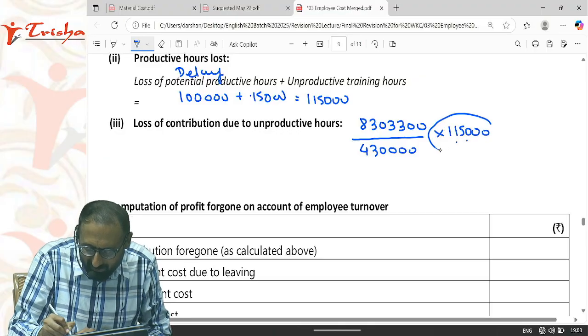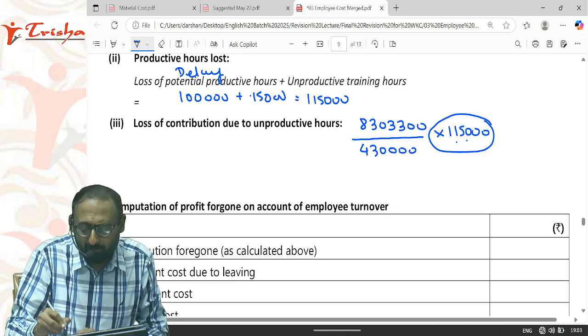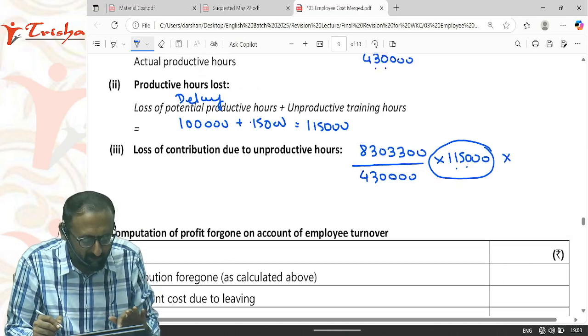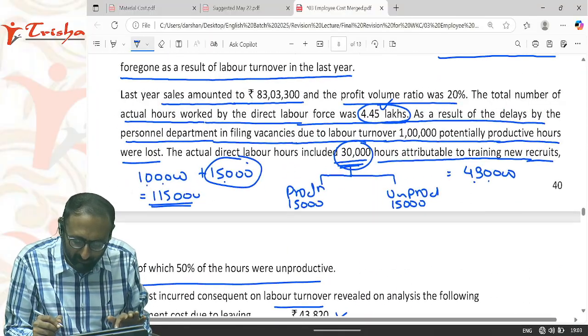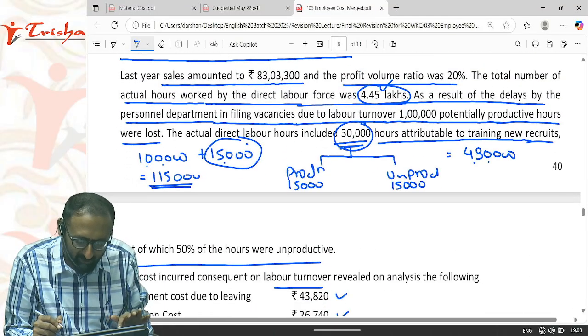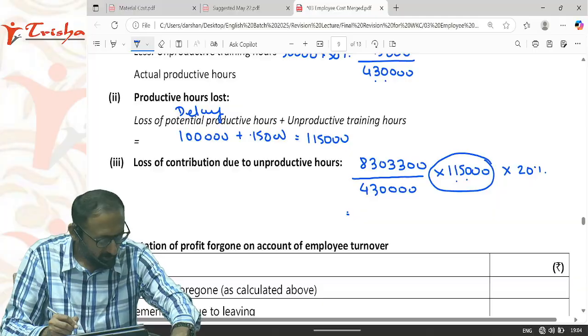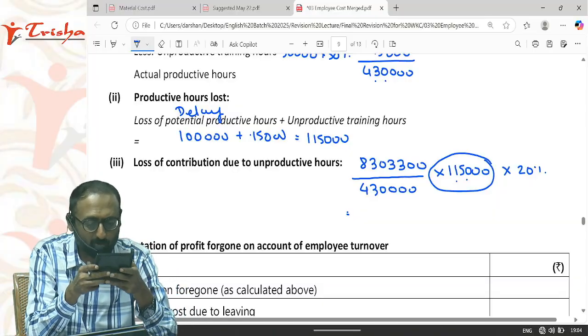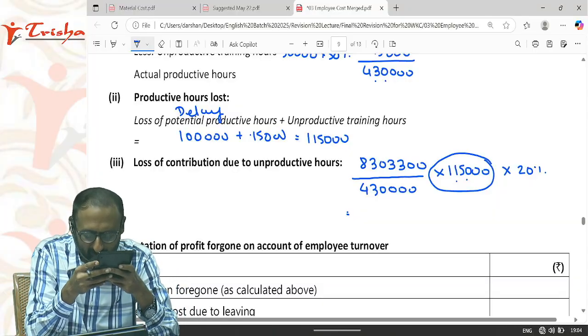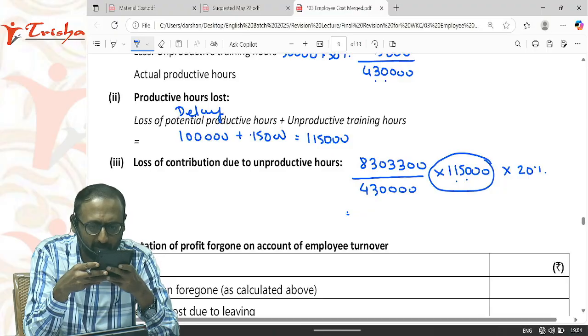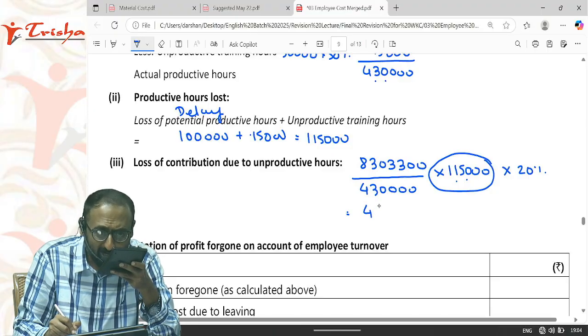So this much sales is lost due to labor turnover, multiplied by PV ratio. How much is the PV ratio given in the question? Somewhere it is given, 20% is your PV ratio. Now what will be the contribution loss? 83 lakh 3,300 divided by 4 lakh 30,000 multiplied by 1 lakh 15,000 multiplied by 0.20. Is it 4 lakh 44,130 rupees contribution lost?